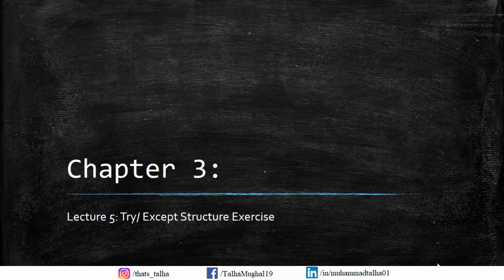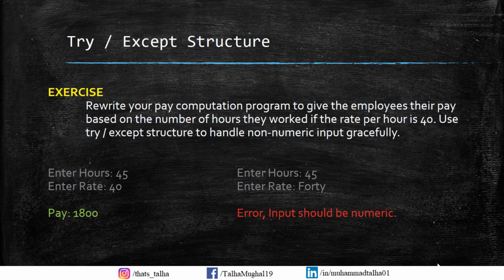At the end of this section, we will move ahead and perform an exercise to understand the try and except structure properly. The statement says: rewrite your pay computation program to give employees their pay based on the number of hours they worked, if the rate per hour is 40. Use try and except structure to handle the non-numeric input gracefully. We have to ask the user to enter their input at runtime, compute their pay, and print it out.